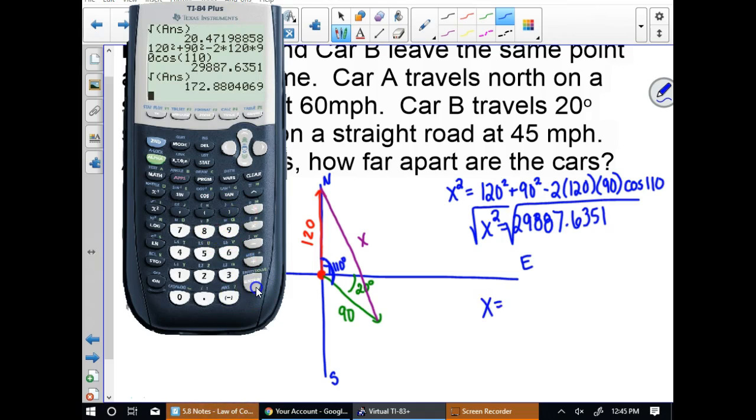And so we get x equals 172.880 miles. Okay, which seems fairly reasonable, because if they were going opposite directions, they'd be 210 miles apart. That's definitely the longest side of the triangle, so it seems like a pretty reasonable answer.